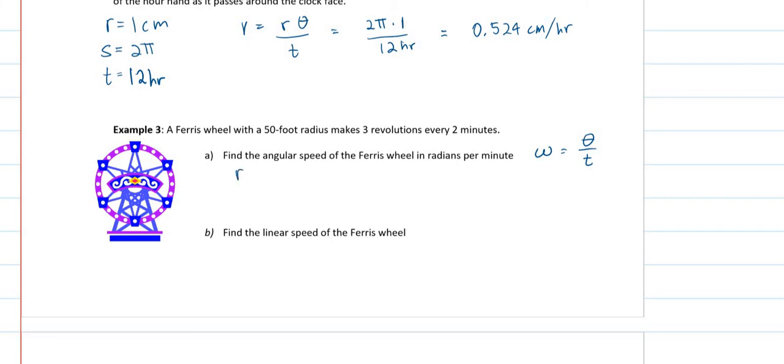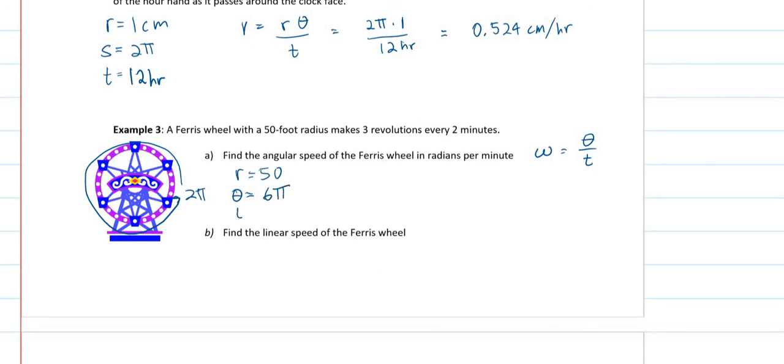So in this case, we'll just write down the radius is 50 feet. We don't necessarily need that. Theta, in this case, it's 3 revolutions every 2 minutes. So 1 revolution is going to be 2 pi. And if we do 3 revolutions, that would be 6 pi. So our theta is going to be 6 pi.